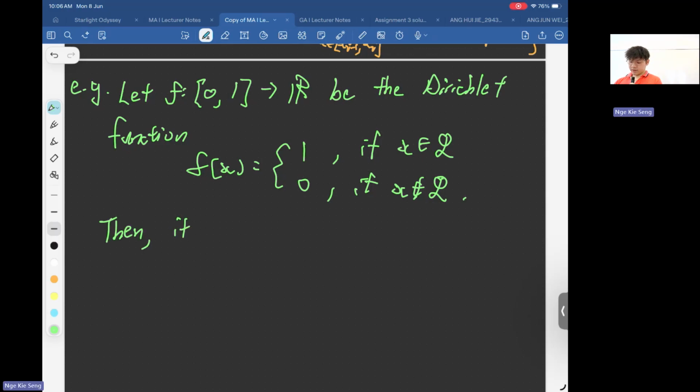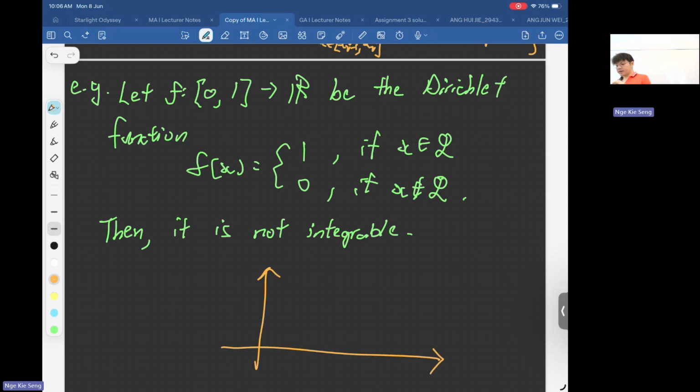This is not integrable. If you graph this, the 1 and 0 are scattered around this R2 plane. For example, at 0, 1, 2, 3, 4, all these you get 0, and also for those fractions, you also get 0.